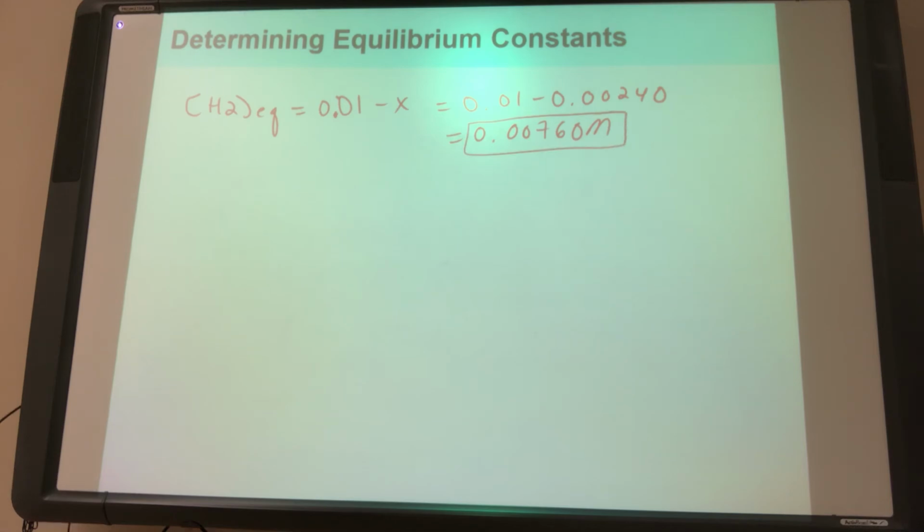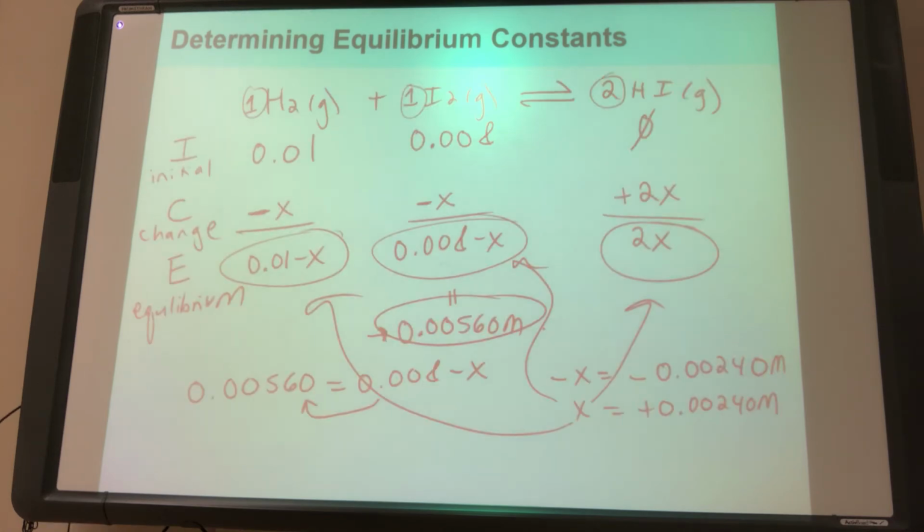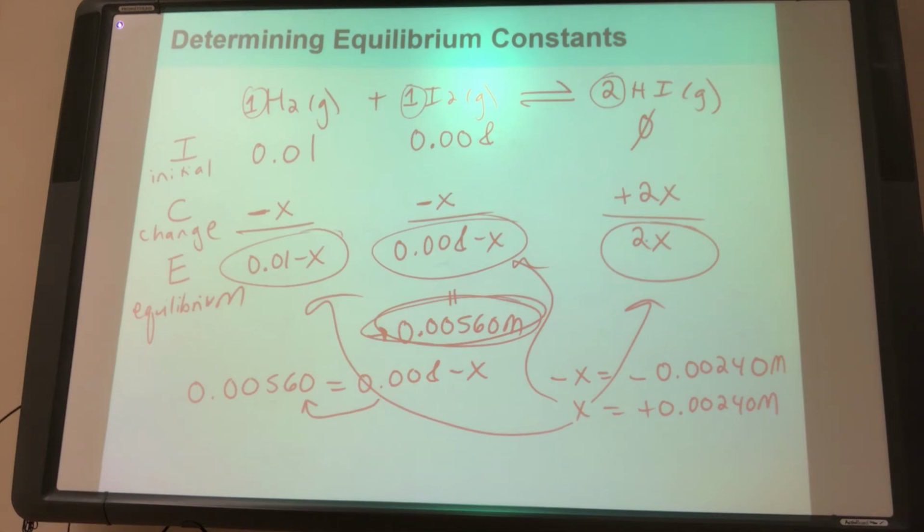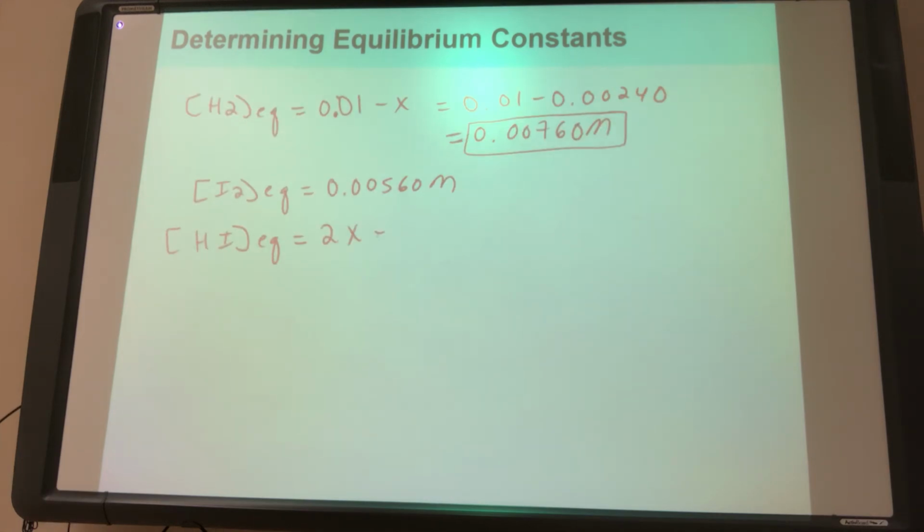So that's my H2. I2, well, you already know. That's how we figured out x. So we just rewrite that number. HI's equilibrium was 2x. So that's 2 times the number we found for x, which was 0.00240. So HI's value is 0.00480.